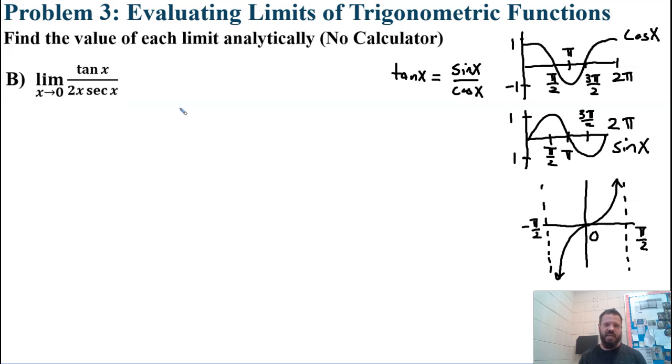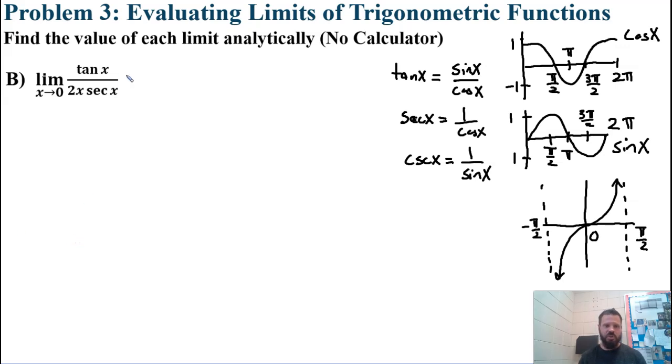And then for secant and cosecant, we had secant x is 1 over cosine x, and cosecant x is equal to 1 over sine x. Those were our basic trig identities here that we can utilize to rearrange this problem.